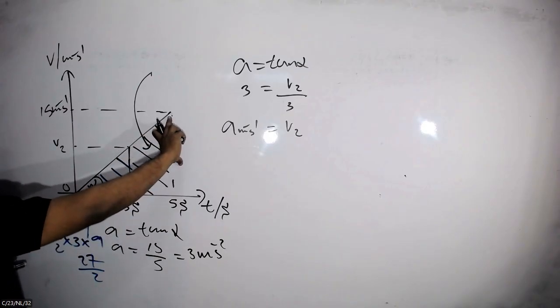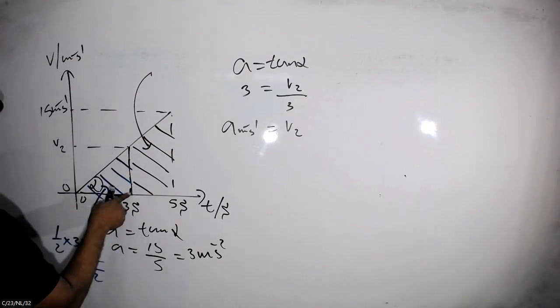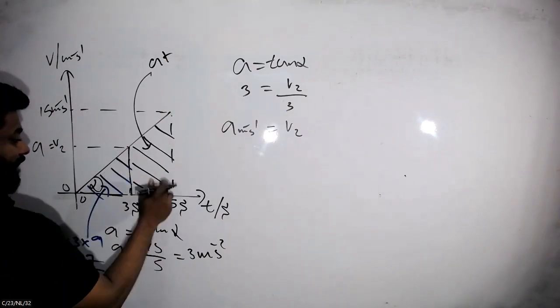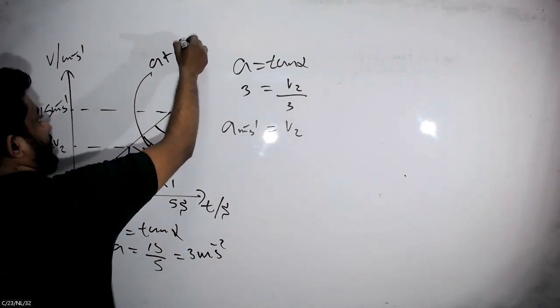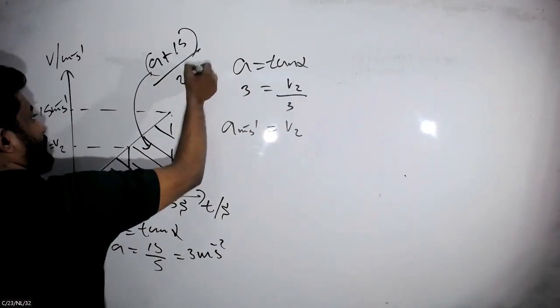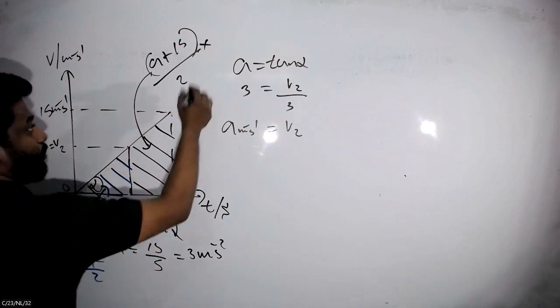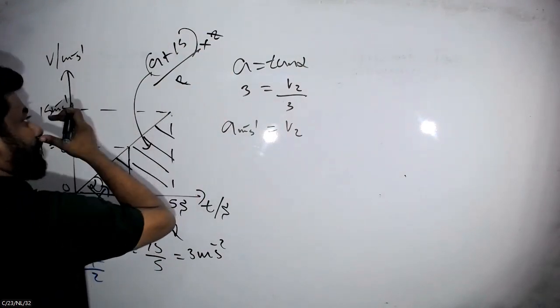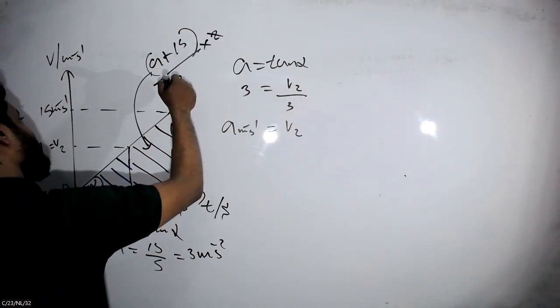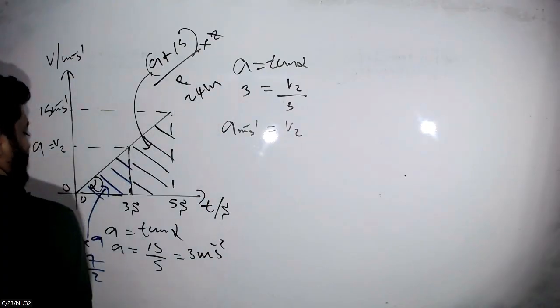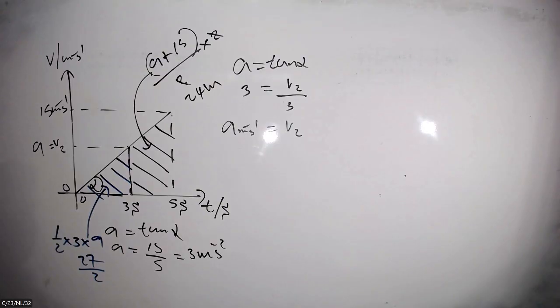Sum of the two parallel sides. This one is 9, 9 plus 15, divide by 2, and perpendicular height or altitude 2. This area is 9 plus 15, 24 meters. That is, distance traveled by the object during the first 3 seconds is 27 over 2 meters.